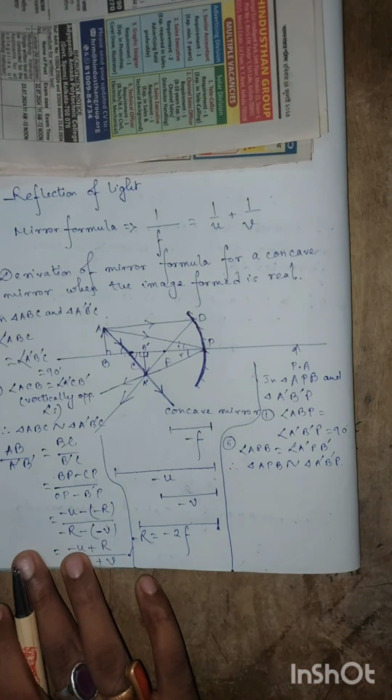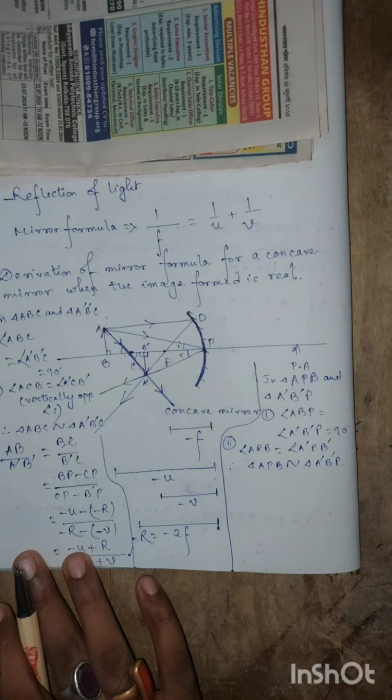So we know when we get two similar triangles, the ratio of corresponding sides are also equal.